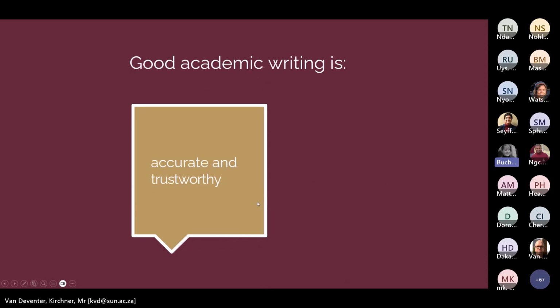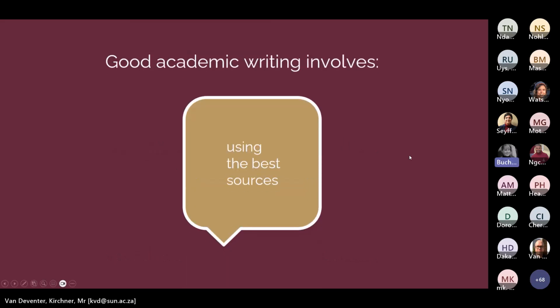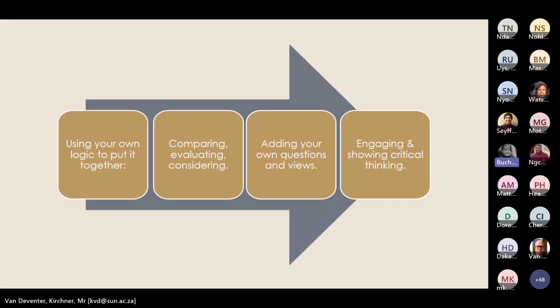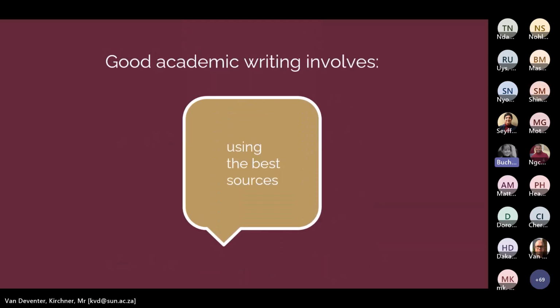So good academic writing is accurate and trustworthy. Next slide. It involves using the best sources, so choosing your sources carefully, journals that are accredited, consulting with your librarian to guide you, consulting with your supervisor to guide you on people or experts who are in this researching or have researched or done a lot of work on your particular research topic.